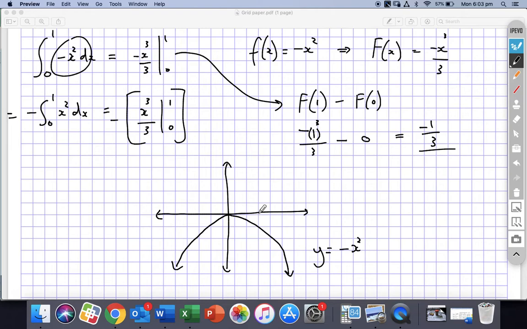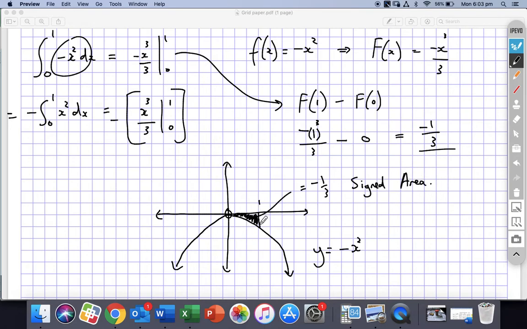We're looking at a little interval here. There's the area between 0 and 1. The integral value is coming in at minus 1/3. We've got this idea of signed area, because the area itself is just a third.